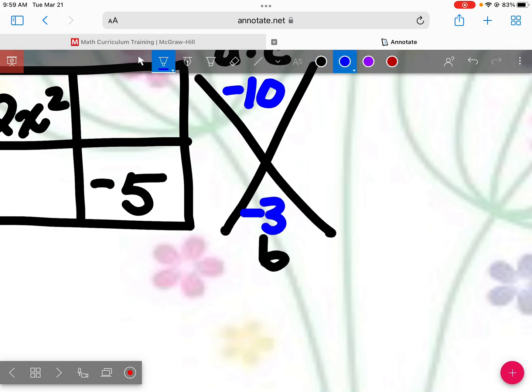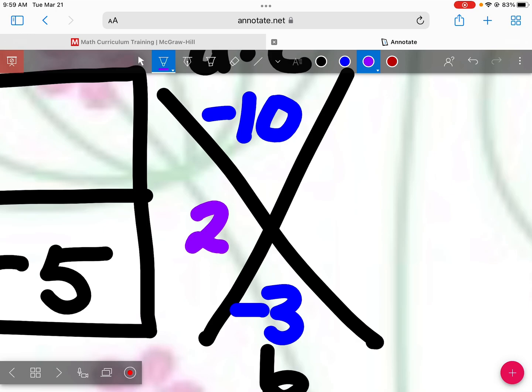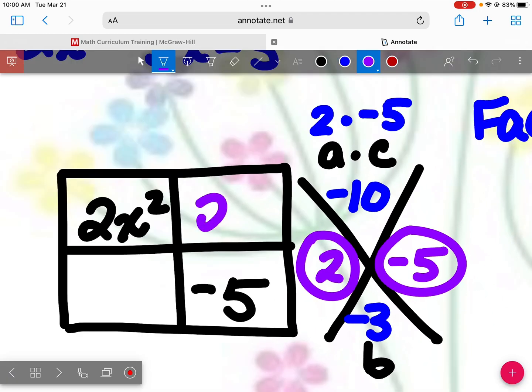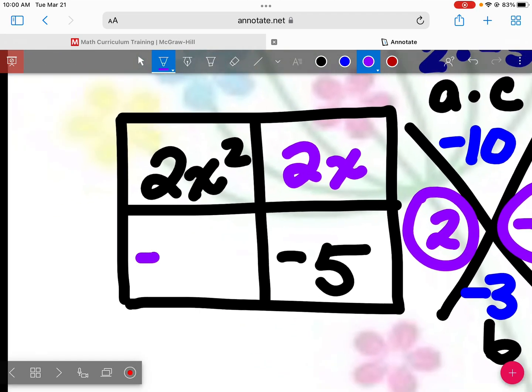What two numbers do you know of that can multiply to 10? 2 and negative 5 multiplies to negative 10. The bigger number is negative, so it's going to add to be a negative. These are my two numbers that I'm looking for. So 2x and negative 5x.